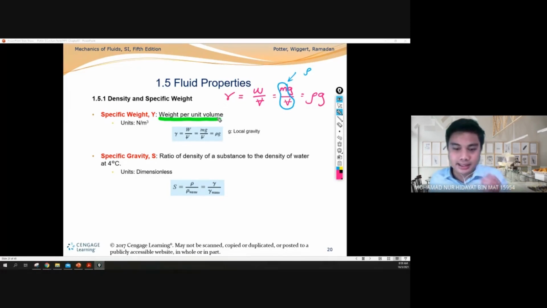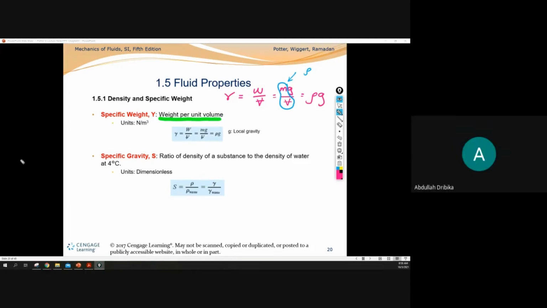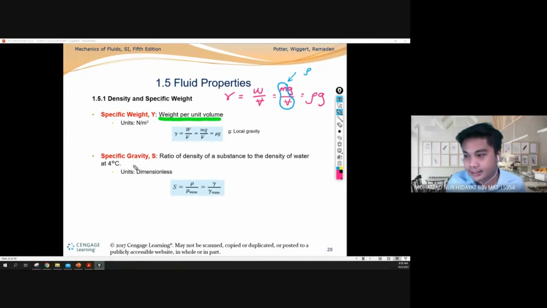So far you guys understand what a specific weight is? Yes, Dr. Okay. On the other hand, the specific gravity is the ratio of the density of the substance to the density of water.